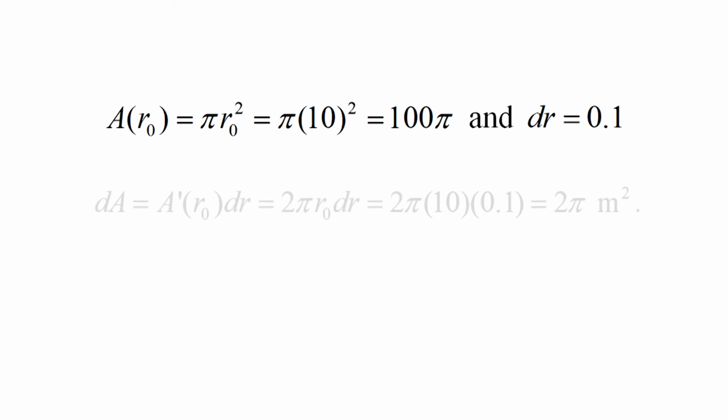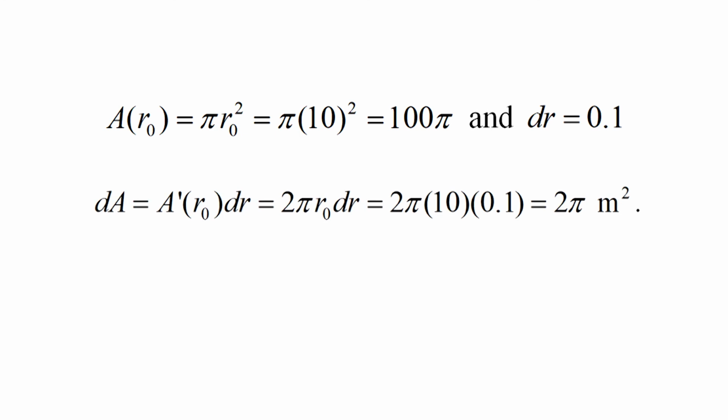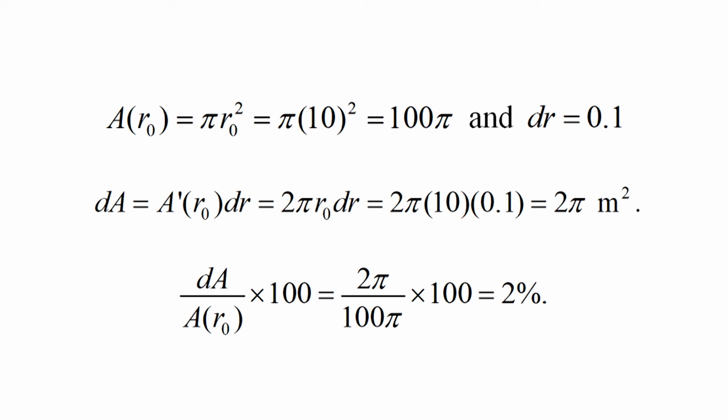So, dA is equal to A prime r naught times dr, which is equal to 2 pi r naught times dr, which is equal to 2 pi times 10 times 0.1, which is equal to 2 pi meter square.